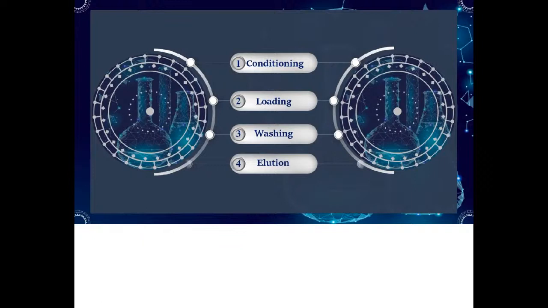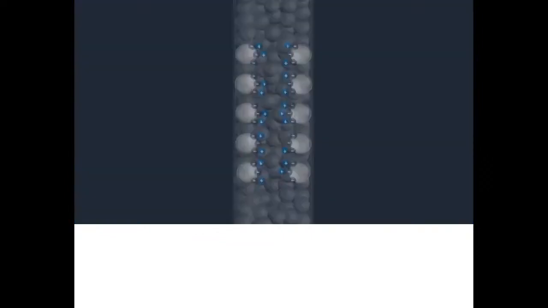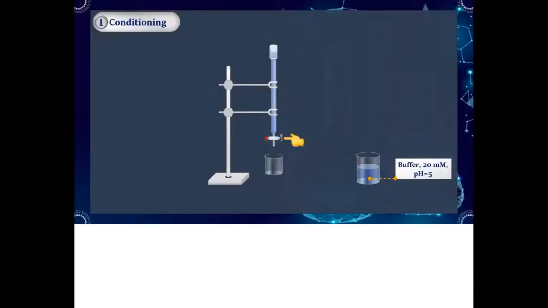Therefore, the same buffer is used for the equilibration of the stationary phase. When equilibrium is reached, all stationary phase charged groups are bound with exchangeable counterions, such as chloride or sodium, when the column is equilibrated.